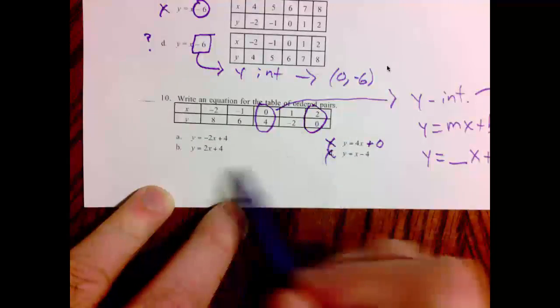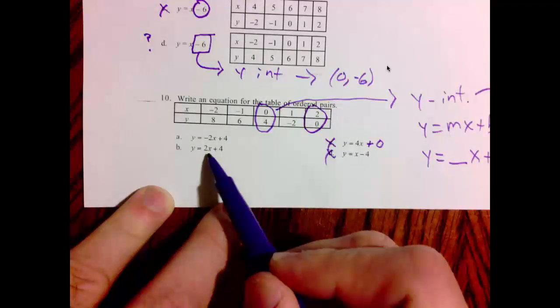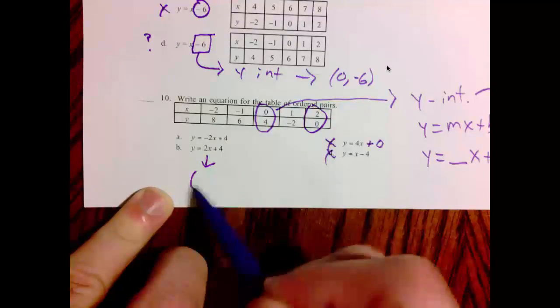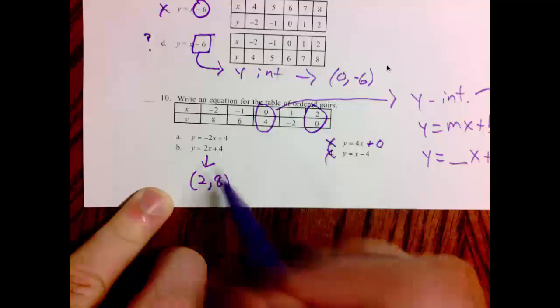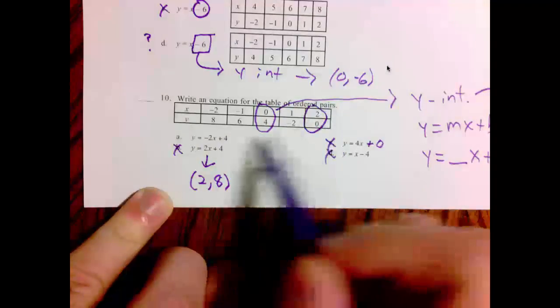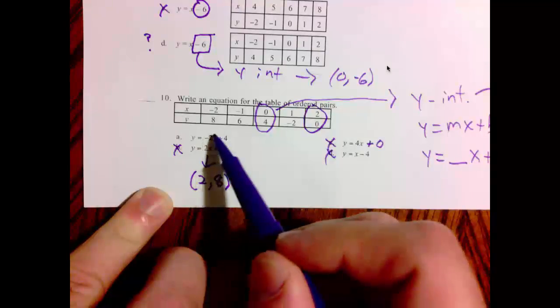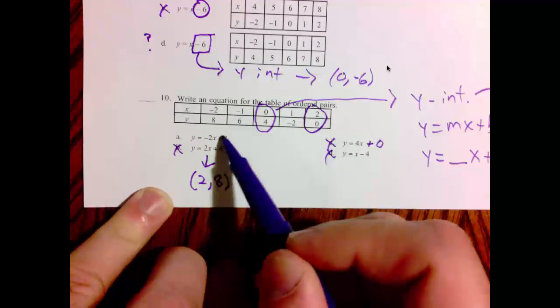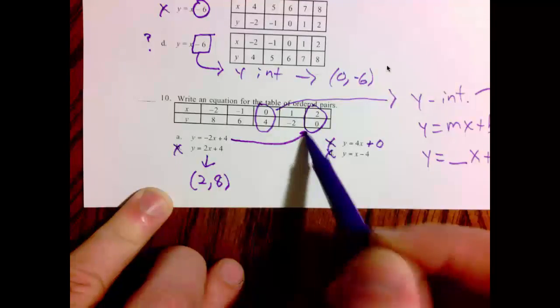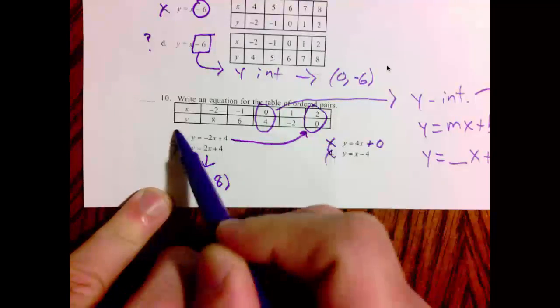In B, what's 2 times 2? 4. 4 plus 4 is 8. For this one, 2 pairs with 8. It can't be B. It must be A. Let's examine. Substituting 2, negative 2 times 2 is negative 4, and negative 4 plus 4 is 0. So, indeed, in this equation, 2 does pair with 0. 10 is A.